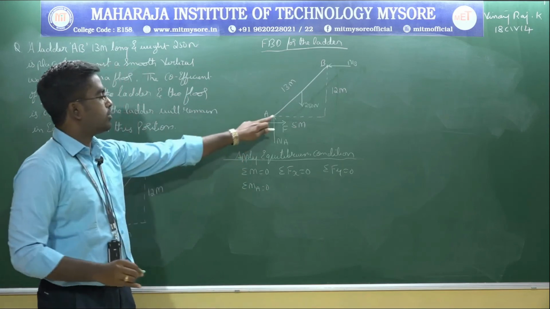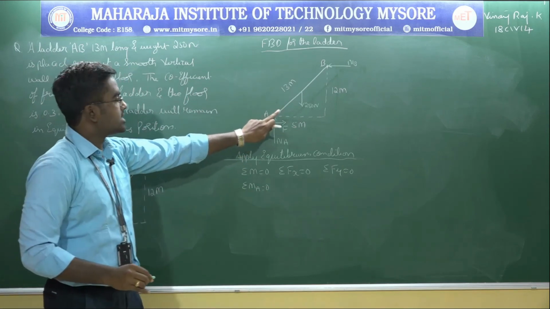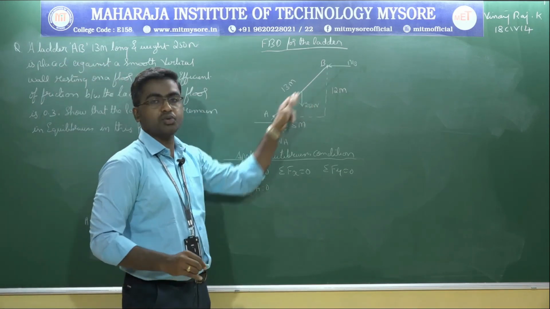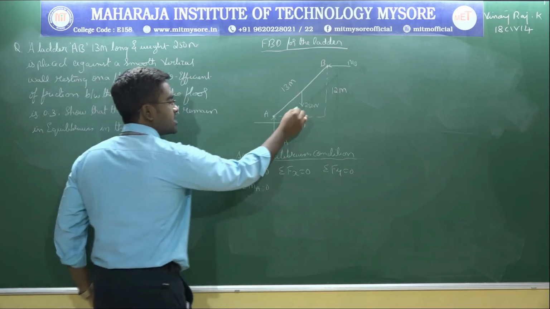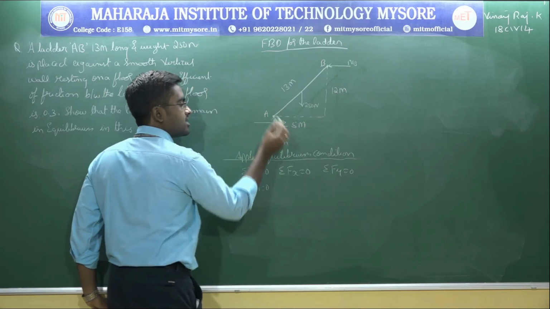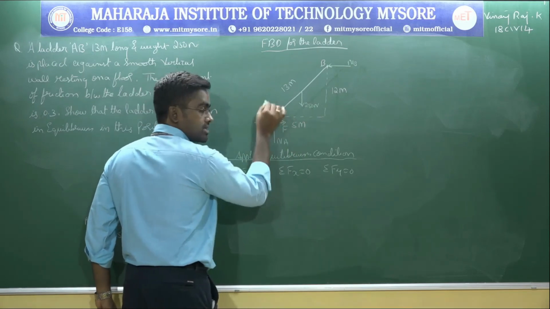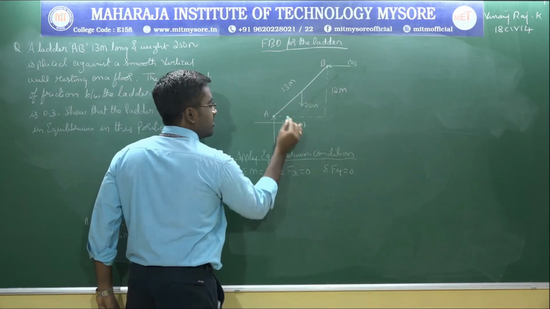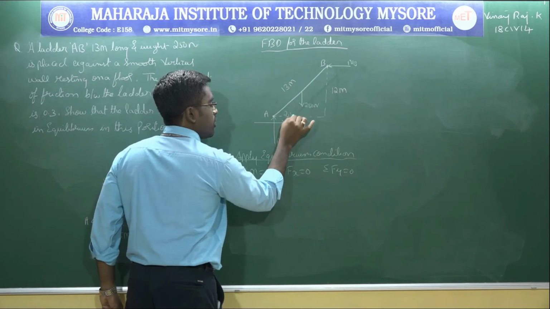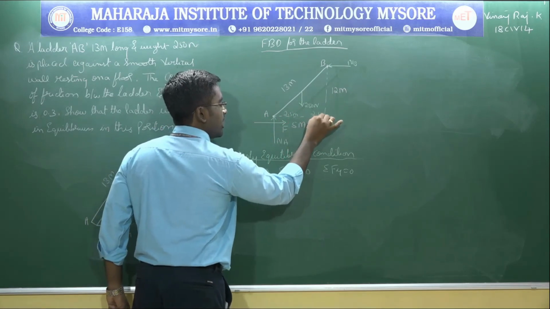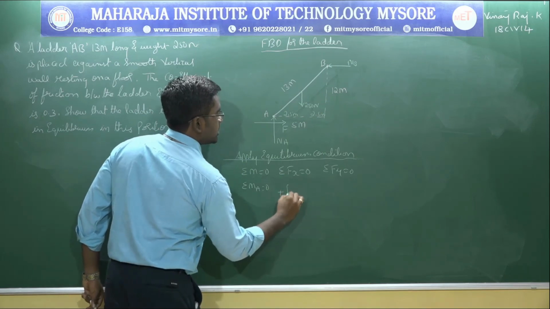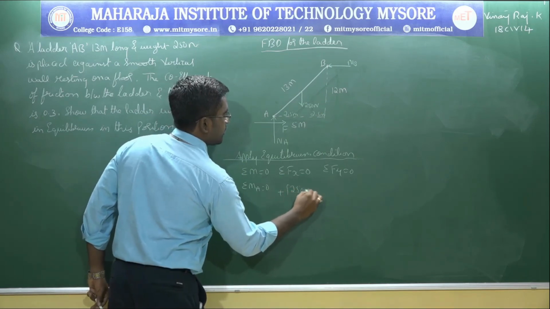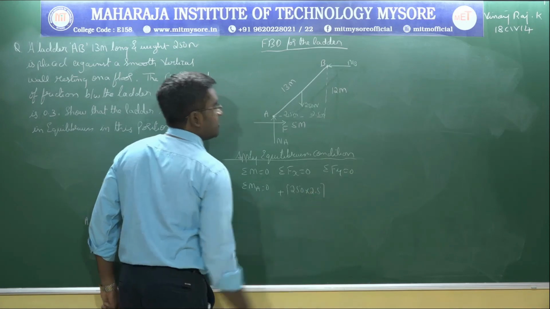I am going to take the moment about point A, considering these two forces, one is 250 and another one is NB, right? So this 250 makes a clockwise rotation. If this is 5 meter, this will be 2.5 meter, this is 2.5 meter. So clockwise rotation means positive, that is 250 into 2.5.